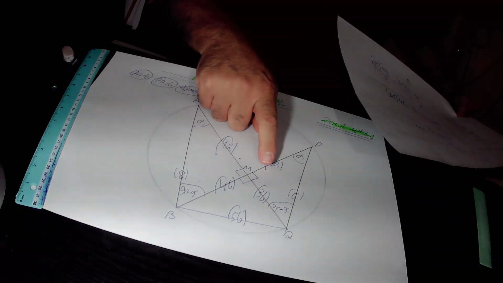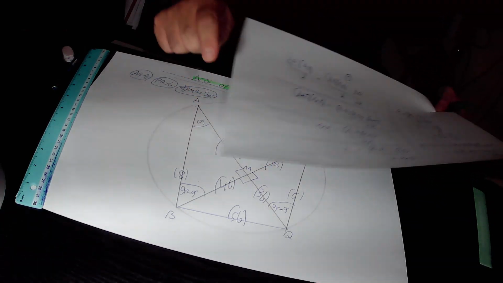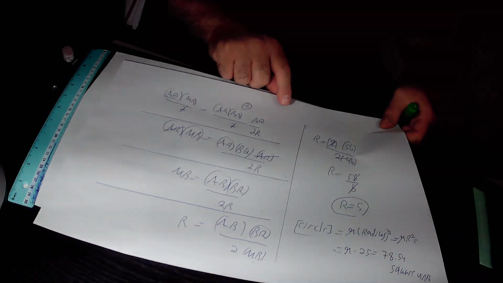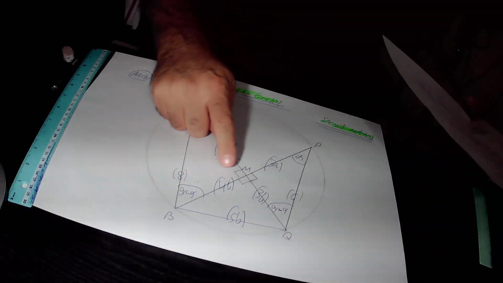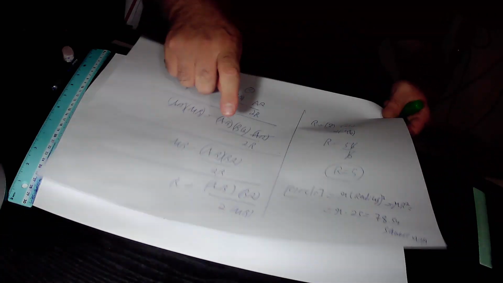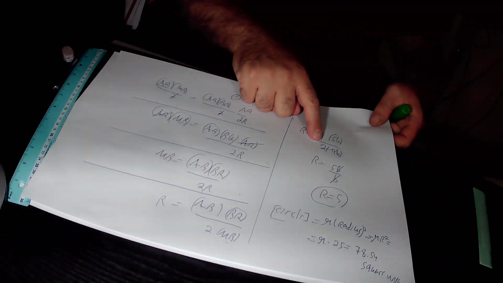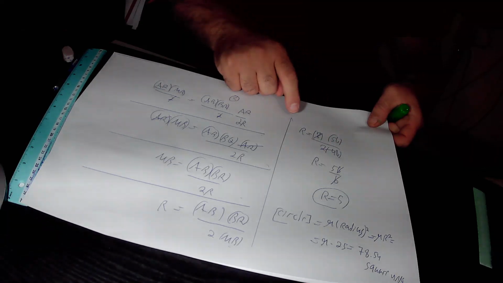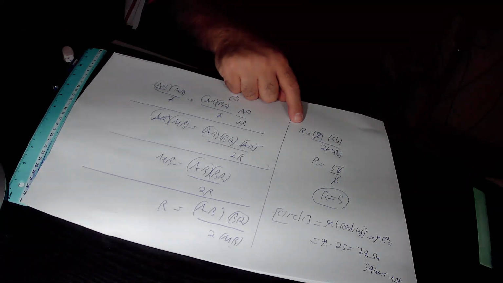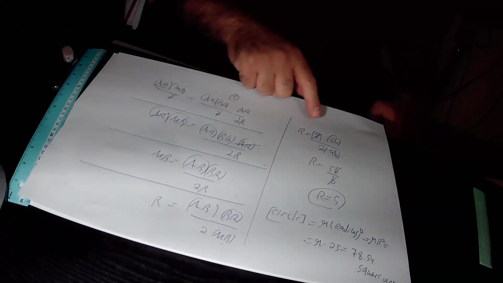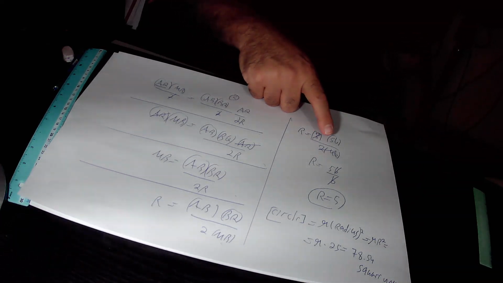MB is 4B, so we substitute MB by 4B. So the radius of the circle we are looking for is equal to 8 times 5B over 2 times 4B.